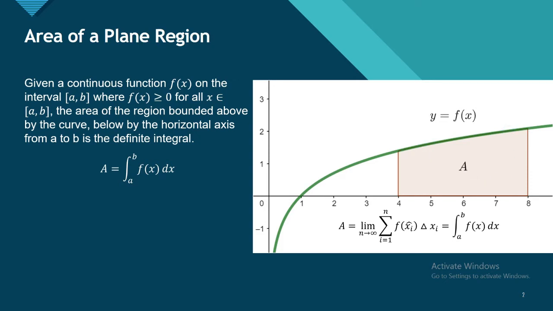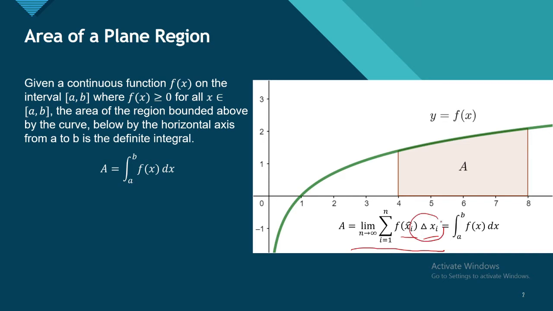So in effect, we are just summing up the areas of these rectangular strips as n goes to infinity. And this is how you write it: the limit of the summation of f of x times delta x as n approaches infinity.